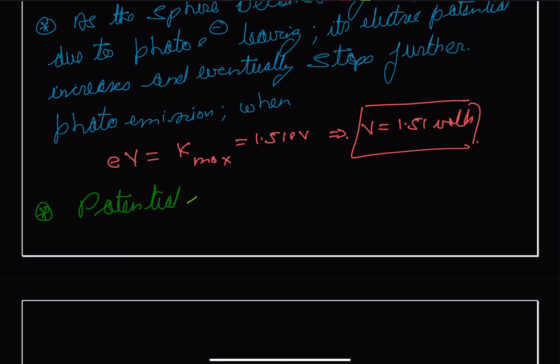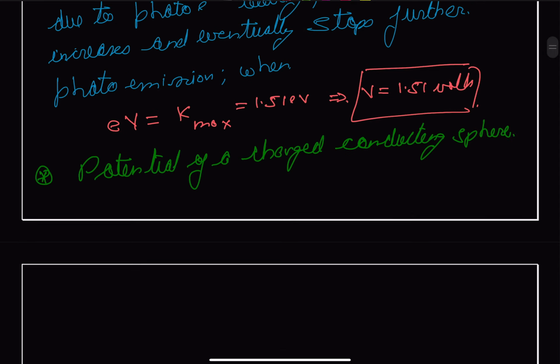That formula is given as V is equal to 1 upon 4 pi epsilon naught Q upon radius r. From here we can say the value of charge Q will be equal to 4 pi epsilon naught r times potential V.